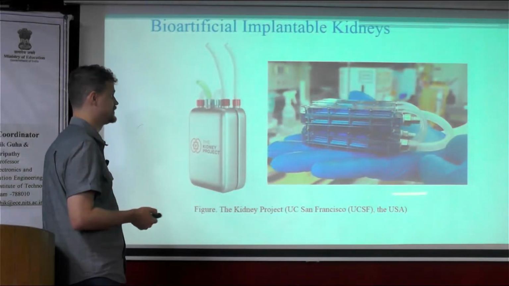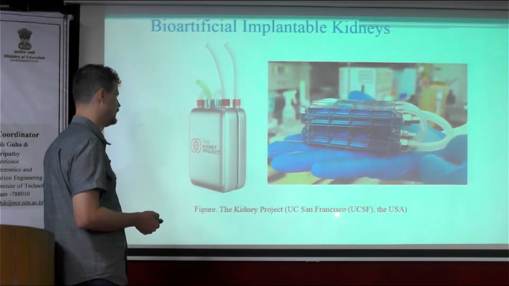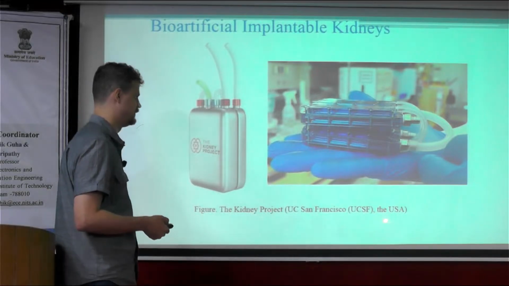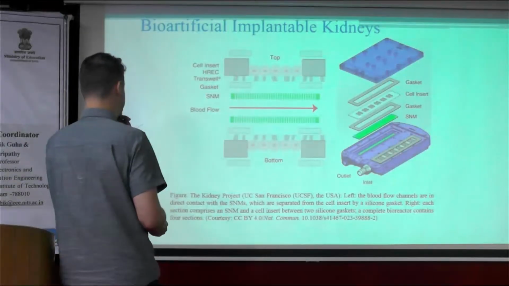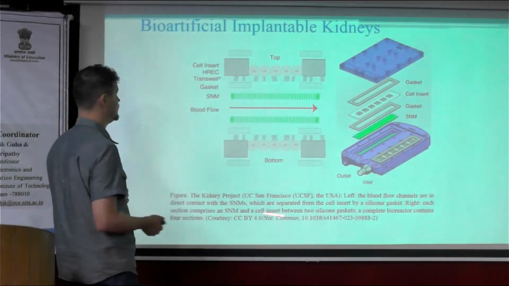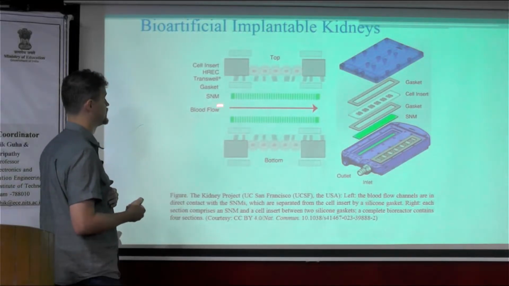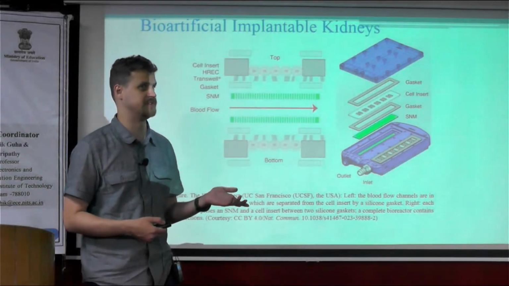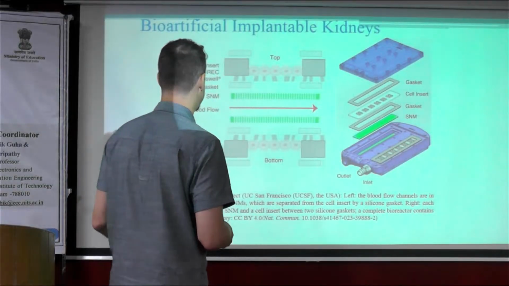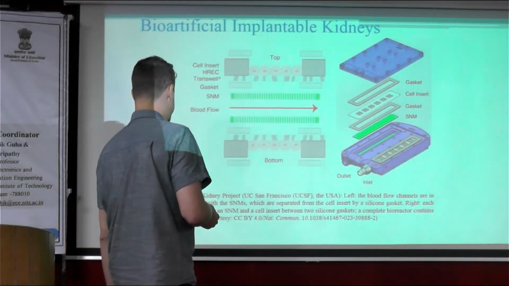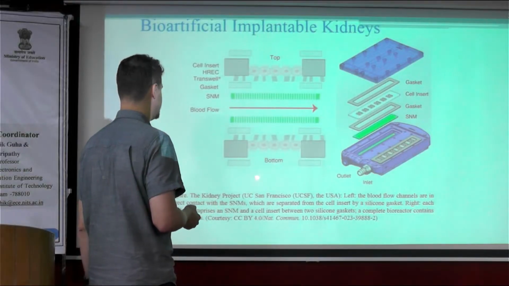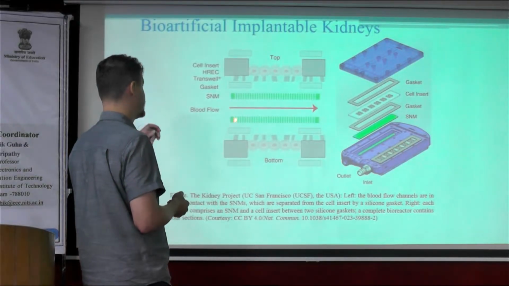Here's a small illustration of that kidney project that has been developed in San Francisco, the USA. And here is the depiction of the artificial implantable kidney that exploits the biotechnology. We need a specific membrane, a silicon nanoporous membrane, if I recall correctly.